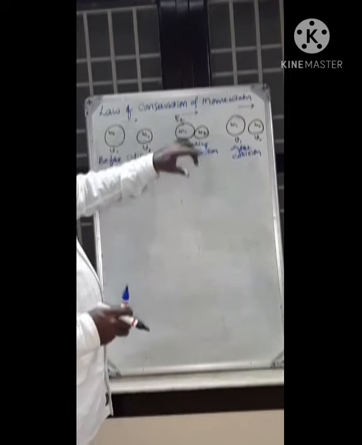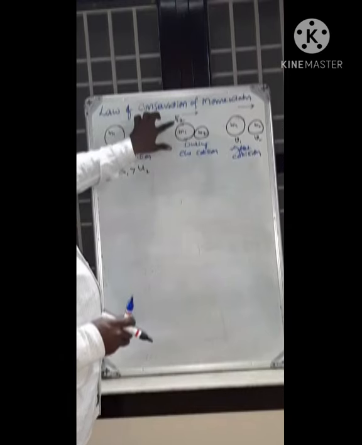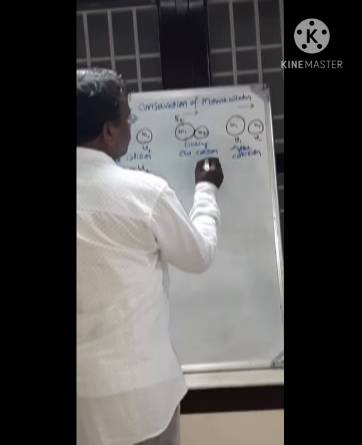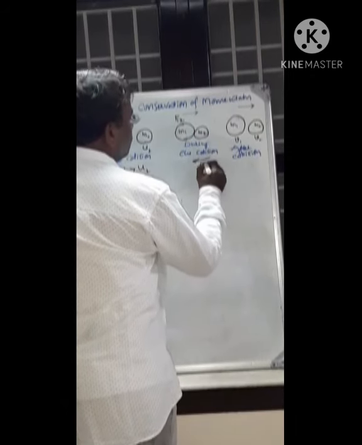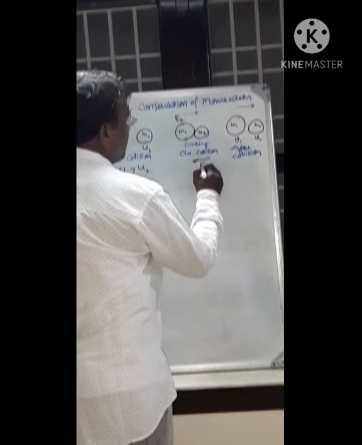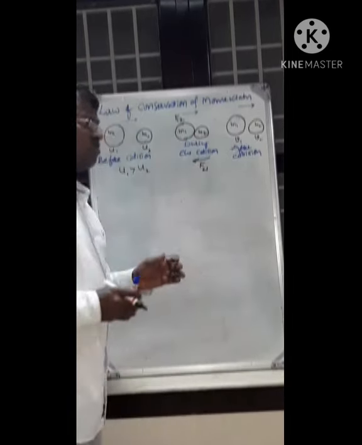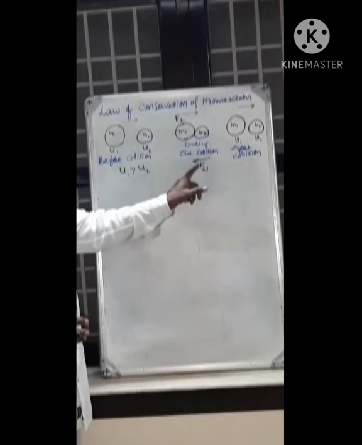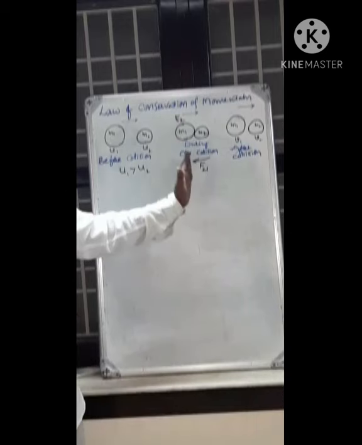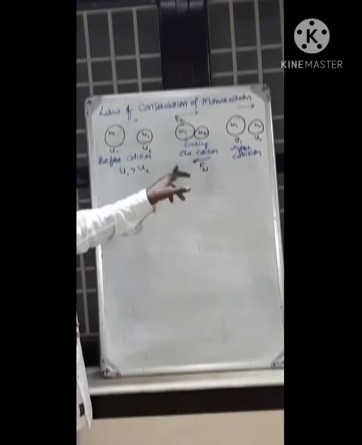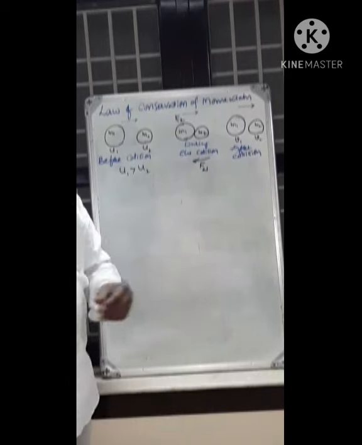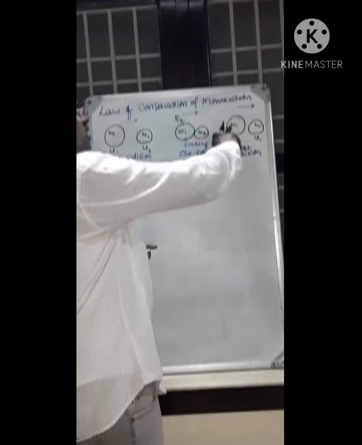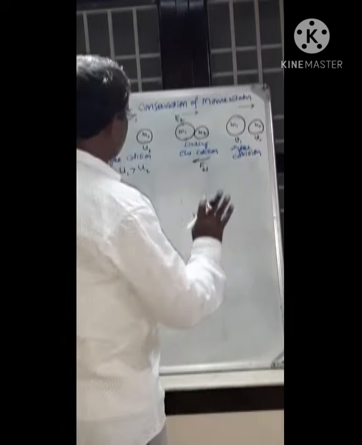F12 indicates the force applied by pebble 1 on pebble 2, and in turn the second pebble exerts the same amount of force on pebble 1 but in the opposite direction, that is F21. According to Newton's third law, F12 is equal to minus F21. After the collision, they continue the rectilinear path like this. So this is the situation.